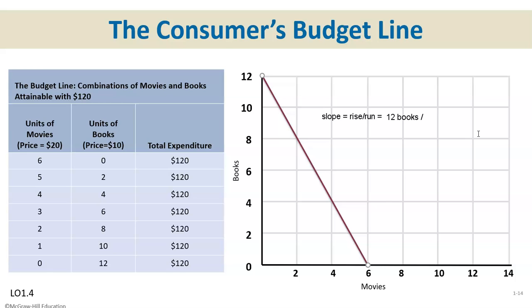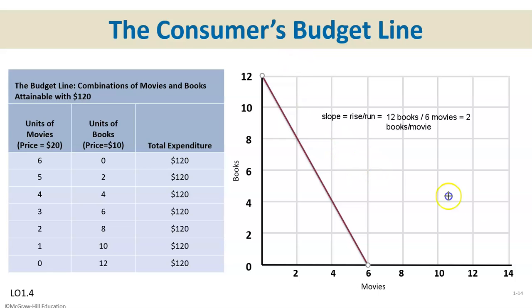And we'll divide by our run, and the run is the distance horizontally that we're moving from right to left. So if we're moving from this point to this point, then we've moved by a distance of 6 movies. If we reduce this, we will get 2. And that actually tells us 2 books per movie. And that's our opportunity cost.